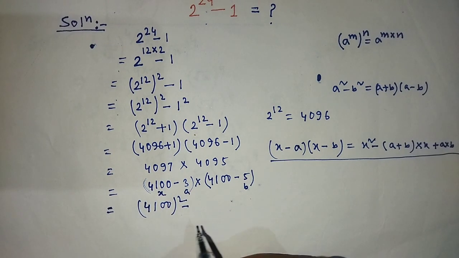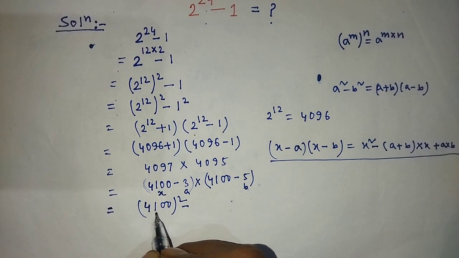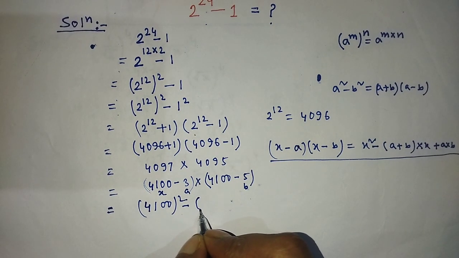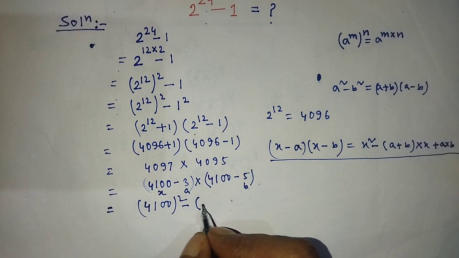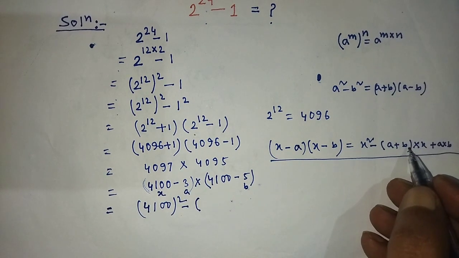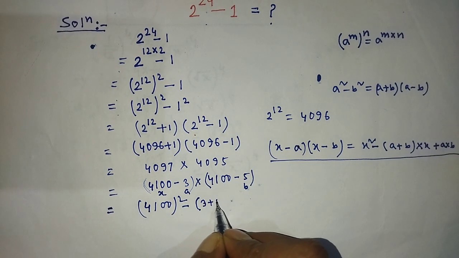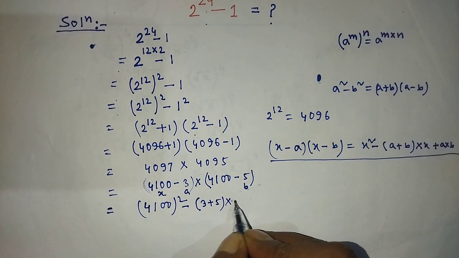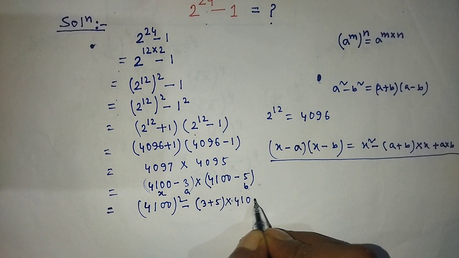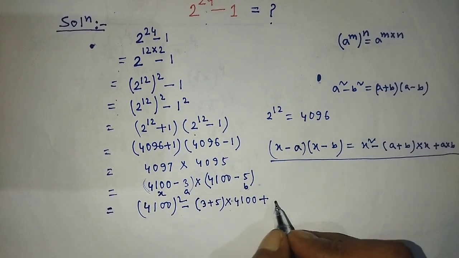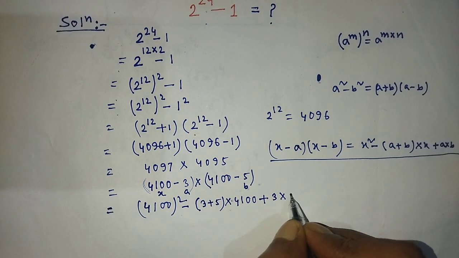So we write 4100 square minus, we take a bracket, and inside this bracket we take a plus b. That means 3 plus 5, into 4100, plus a into b. That means we write 3 into 5.